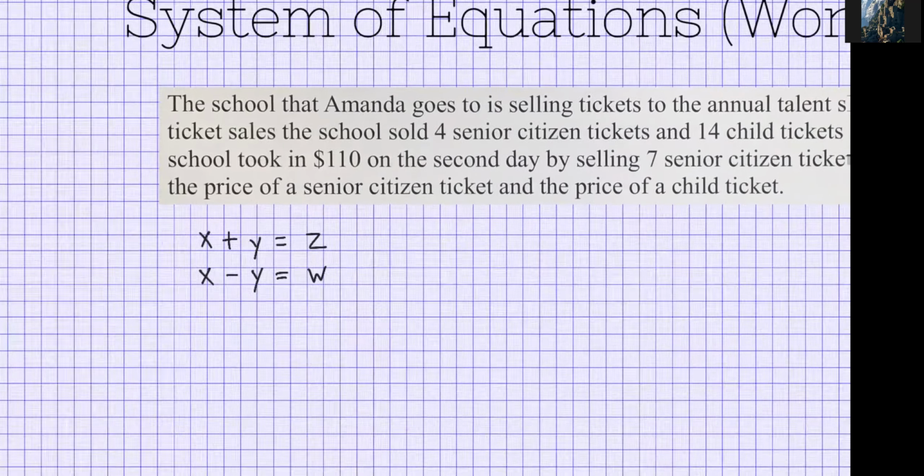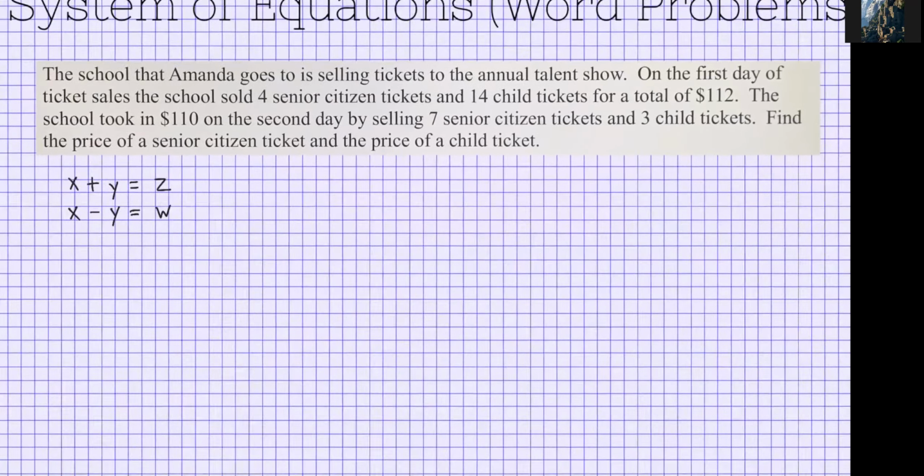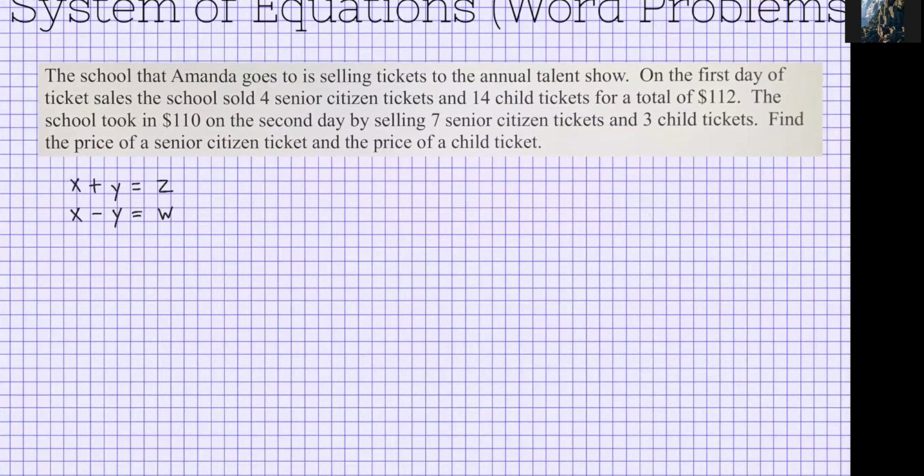Now, the idea here is that the information that we have has to be written in a similar way to these 2 equations. So the idea would be to identify the variables. So let's see. We have senior citizen tickets. That's one of the variables.